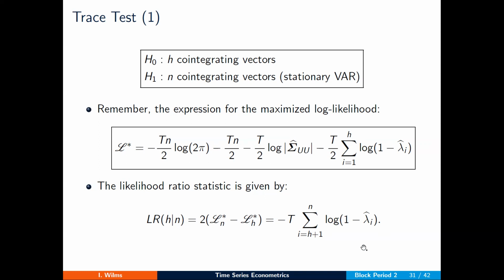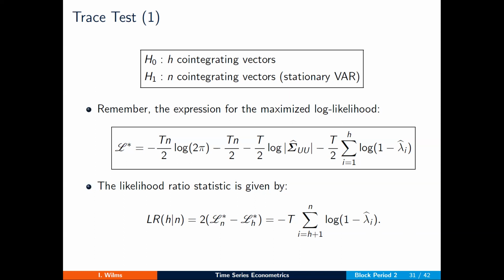Now let's pause here for a minute and think about what would happen under the null. So under the null, if we have H cointegrating vectors, then the first H eigenvalues would matter and all the remaining ones would be 0. In practice, they would of course need to be estimated and they will not be equal to exactly 0, but these remaining eigenvalues will be small.